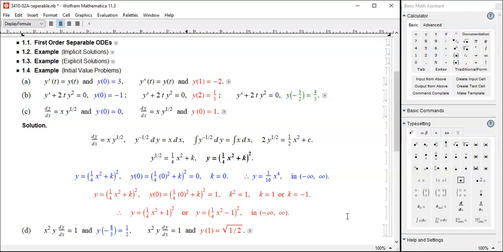So here comes the solution. How do you like these? Well, separation of variables and taking the antiderivative and then solving for y, that's elementary. Putting in the initial value condition and then finding out the solution, that too is elementary.